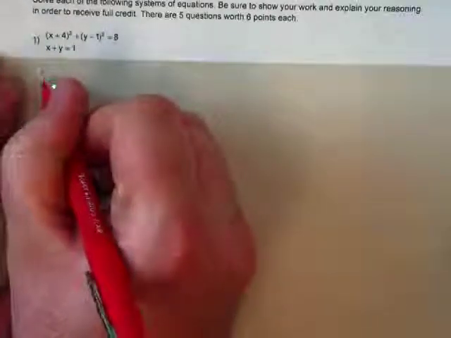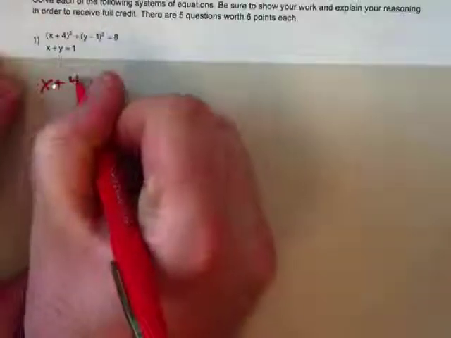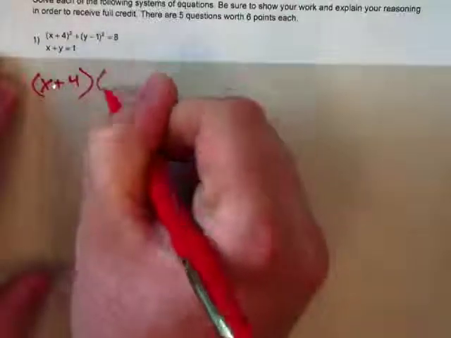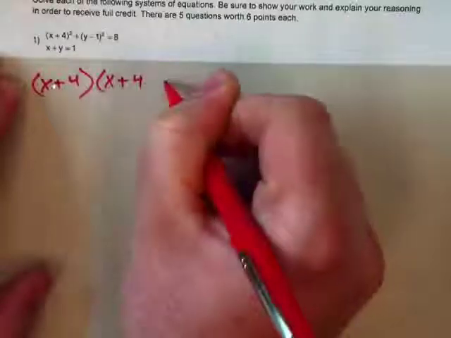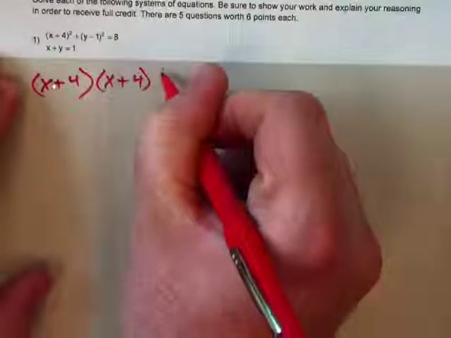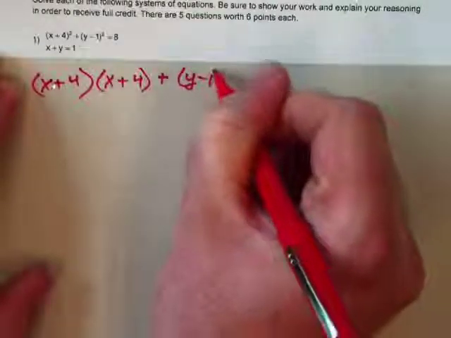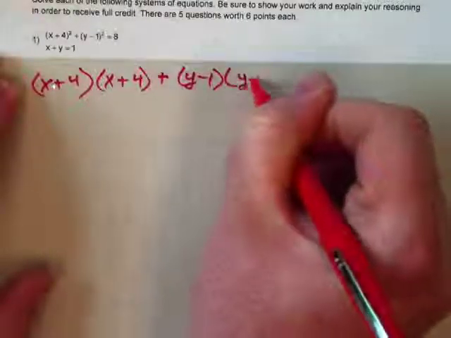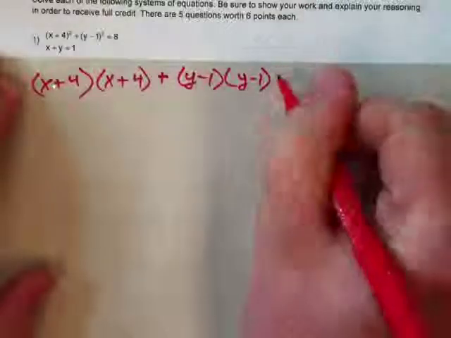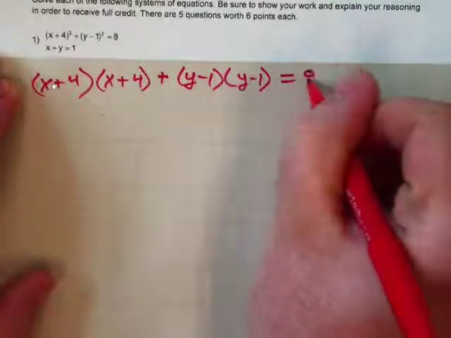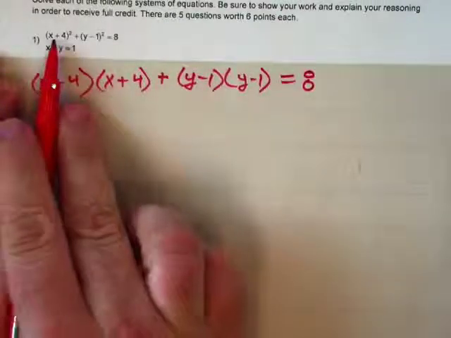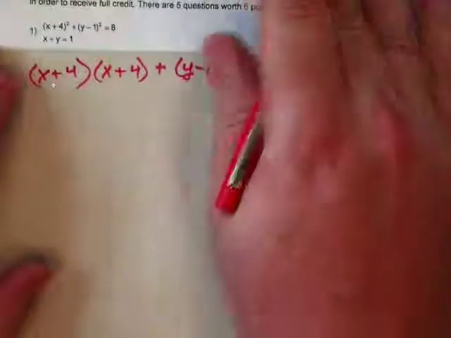So we're going to start with x plus 4 times x plus 4, added to y minus 1 times y minus 1, and all of that is equal to 8. All I'm doing is separating those two out right here. We're not even looking at that second equation yet.